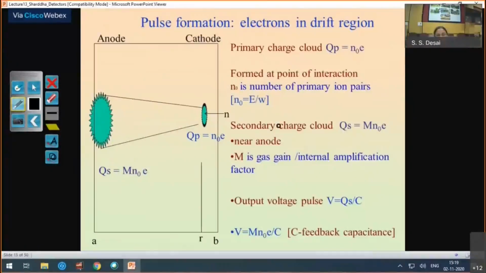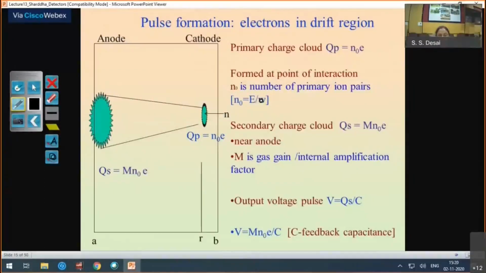So just a pictorial example of how a charge is created. We can just have a look. Like here, a neutron, I'll just call it neutron, but it is valid for any type of radiation. A radiation comes and the primary charge is created. How is a primary charge created?